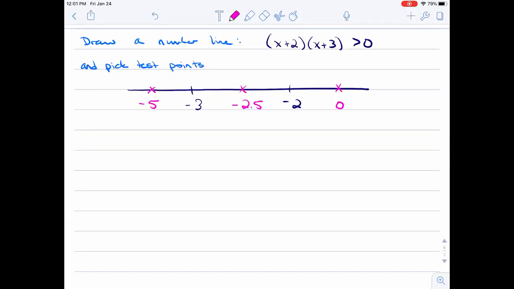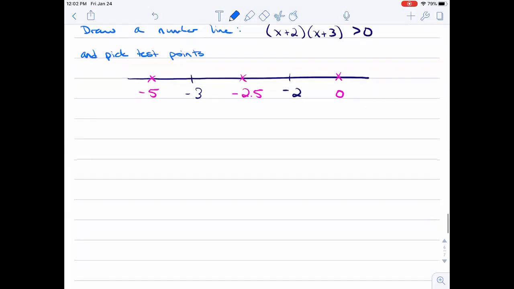Okay, so now we're going to take this inequality and evaluate it at each of the test points. Let me change colors here.